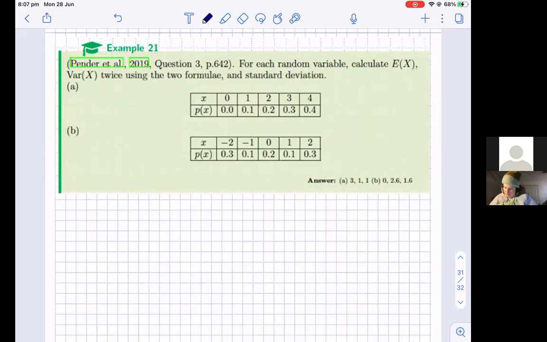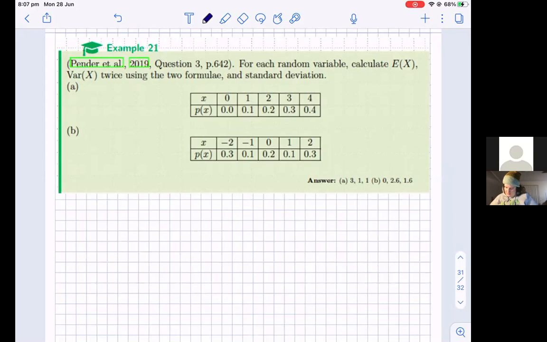We have 1 for single variable, but I forgot to make sure that my frequency column is on. So for x is 0, 1, 2, 3, 4. And now I'll go in and put the frequencies. So 0, 0.1, 0.2, 0.3, 0.4.